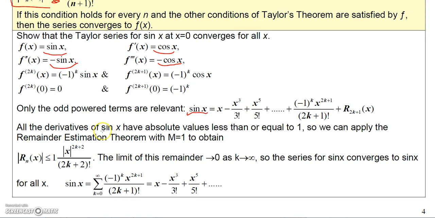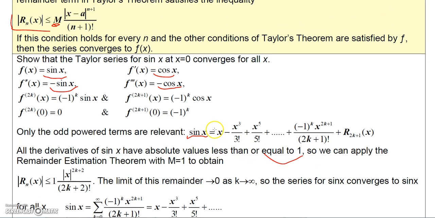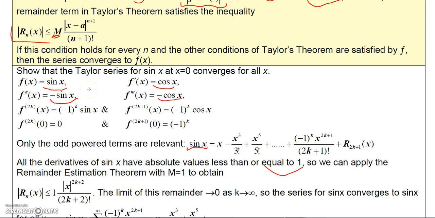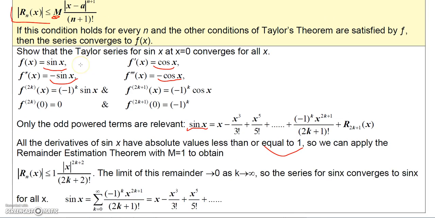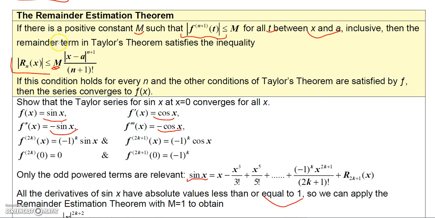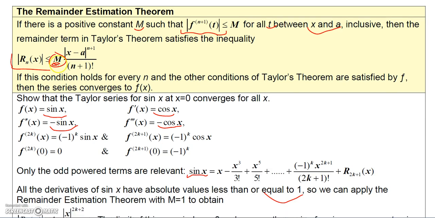Now, the first thing I want to mention is that all the derivatives of this function either involve a sine x or a cosine x, and they all have absolute values that are less than or equal to 1. So in this remainder term, we can replace this M with 1, because all of the derivatives of sine x evaluated at some number are going to be less than or equal to 1.